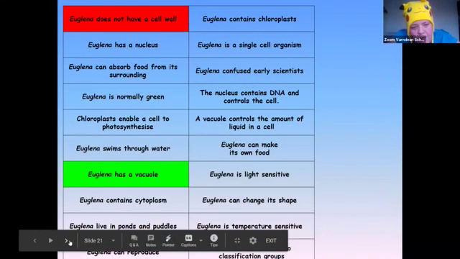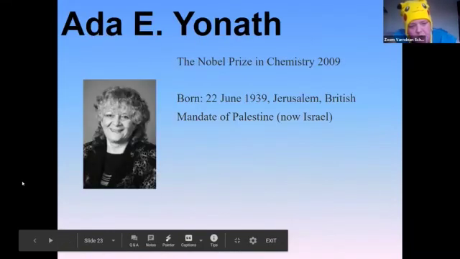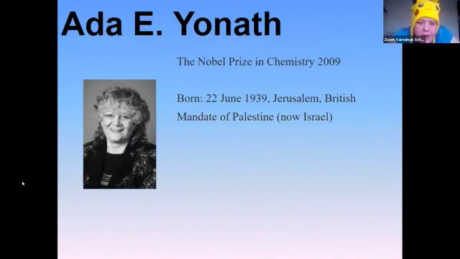Right, and I've got a few more minutes. This came from Mr. Collins because we're trying to get some different scientists from around the world in, and I've put a web link in on this one. Last week I was trying to find somebody, and this is Ada Yonath, and I'm probably going to pronounce names wrong, which is really bad of me. She got the Nobel Prize in 2009 for chemistry for her work on ribosomes. Last week we did a bit about ribosomes and how they make proteins.